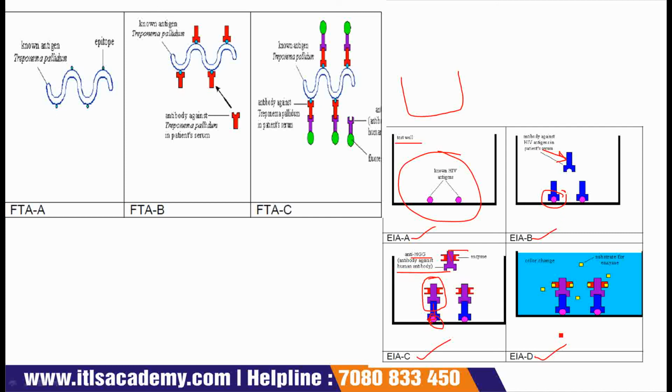In immunoassay D, a color change occurs due to the presence of the enzyme and this fluorescent substrate for the enzyme attached to the antibody. Just because of the presence of this substrate, a color change is observed in the case of immunoassay D.